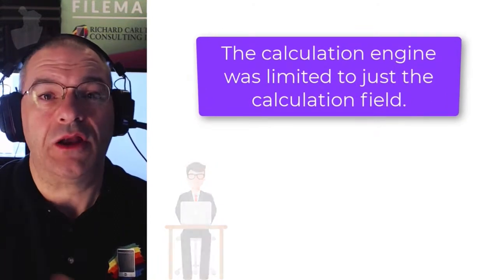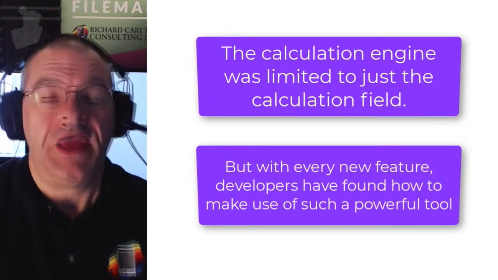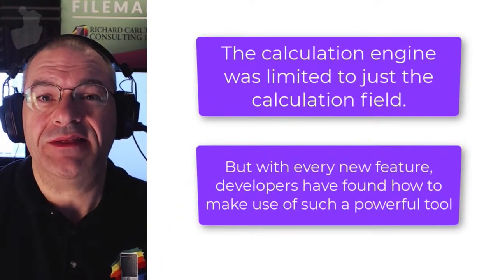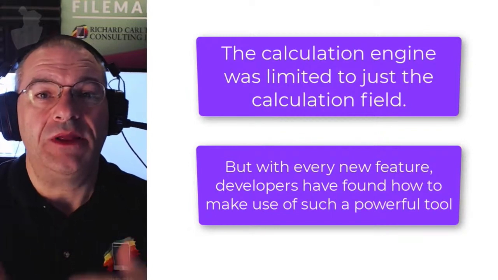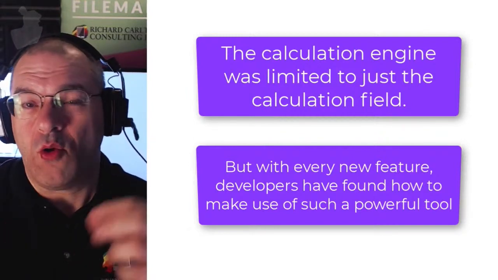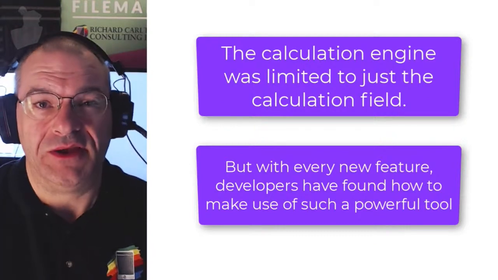But as time has gone on over the last number of years, every time a new feature comes out in the FileMaker platform, developers want to control or manage it by using the calculation engine. In previous videos, we've talked about the calculation engine and how you can pop open the calculation workspace.